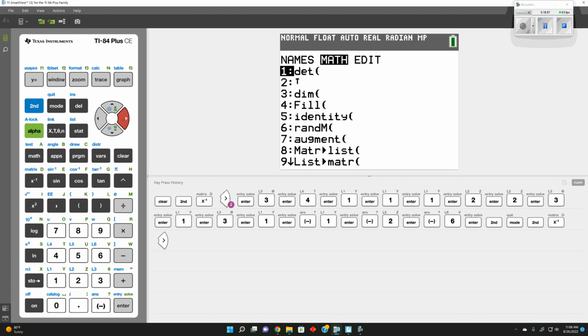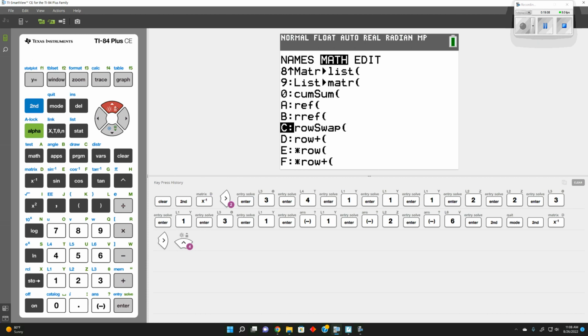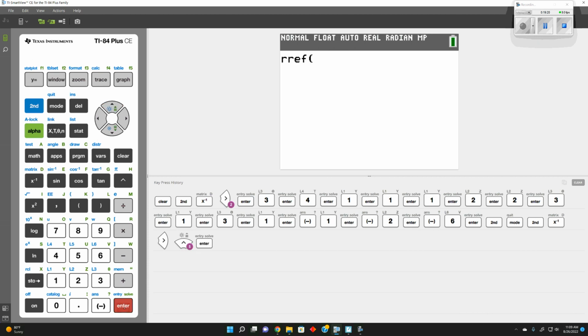You can scroll up or down, but we want to find RREF. Once you have the letter B highlighted, hit enter. So it should say RREF, and that's it.